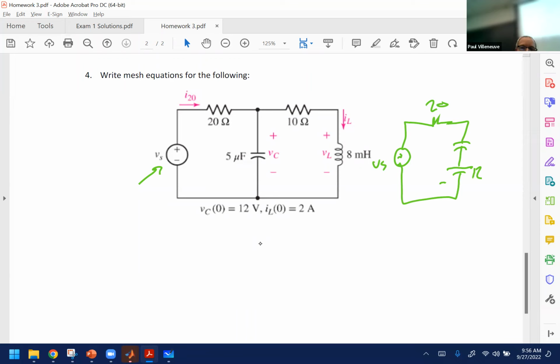So this is my initial value. Then I'm going to do my 10, and I'm going to show this as a current source, and you can put it up or down, it doesn't matter. This is 2 amps, and this is 8 millihenry.